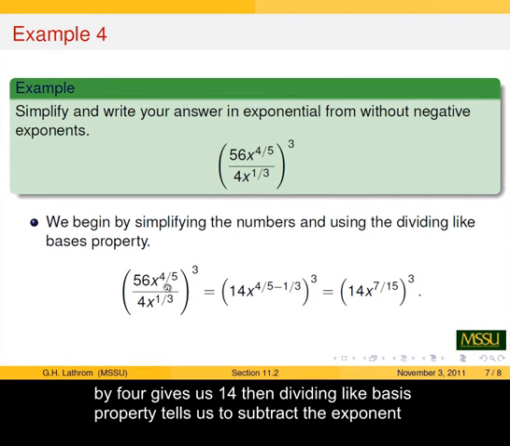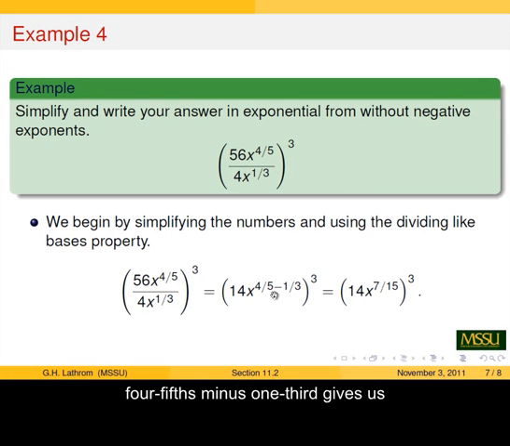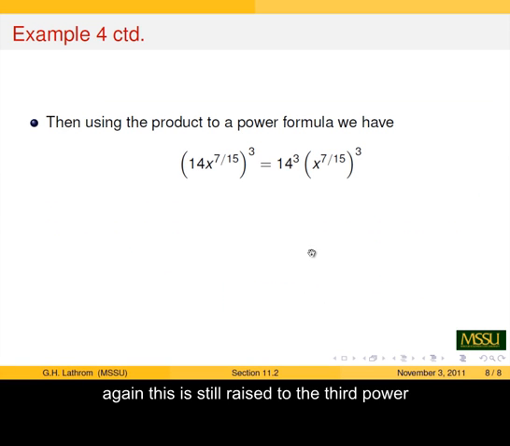The dividing like bases property tells us to subtract the exponents, so we have x to the 4/5 minus 1/3. All of this is still raised to the 3rd power. 4/5 minus 1/3 gives us x to the 7/15 power.